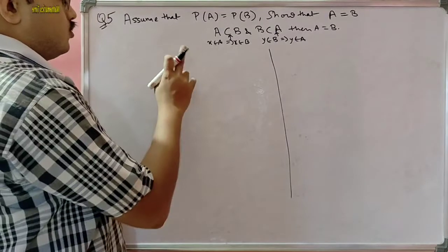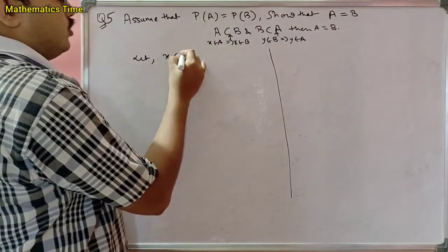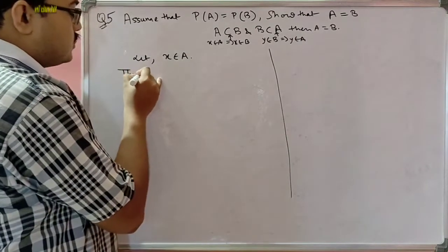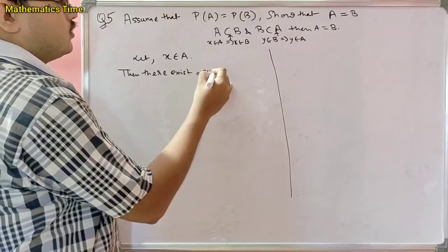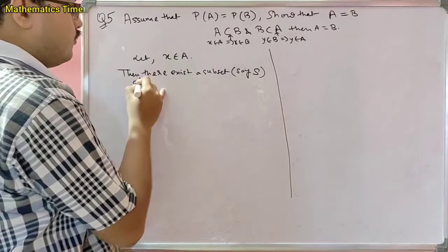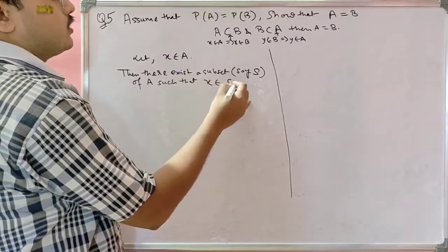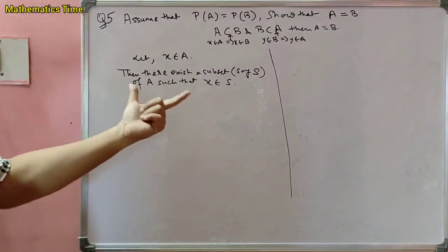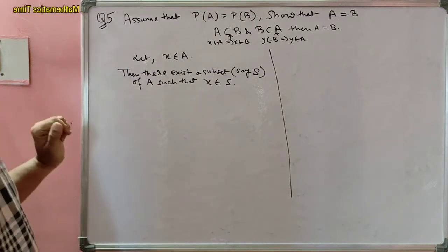To solve A subset of B, let x belong to A. x is any arbitrary element of A. Then there exists a subset, say S of A, such that x belongs to S. So x is an arbitrary element in A, and there is a subset S of A which contains the element x.